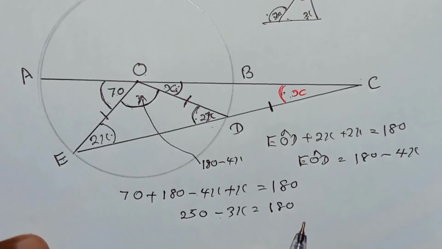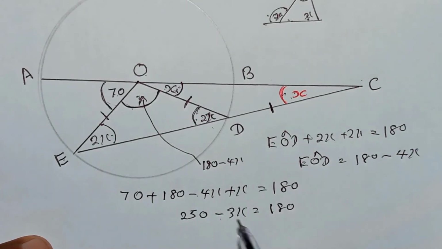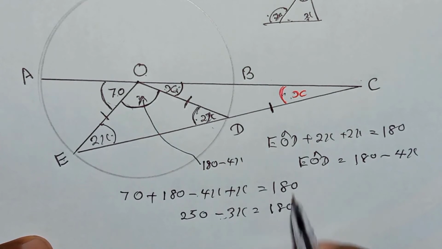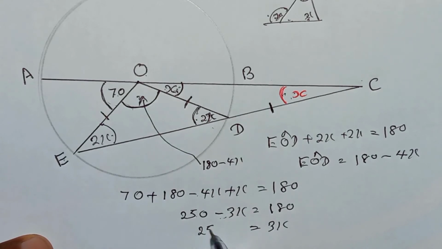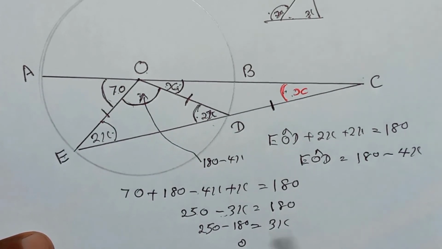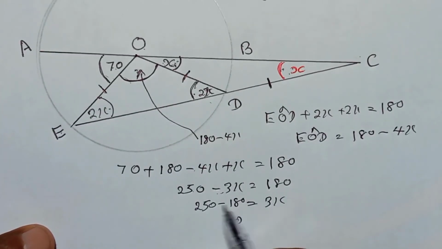Okay, then I need to find x now. This minus 4x I will bring to the other side, and 180 I will bring to the other side. I can change the side. So minus 3x, when I bring it over, will be plus 3x, and 180 will become 250 minus 180. The answer here is 250 minus 180, which is 70, right?